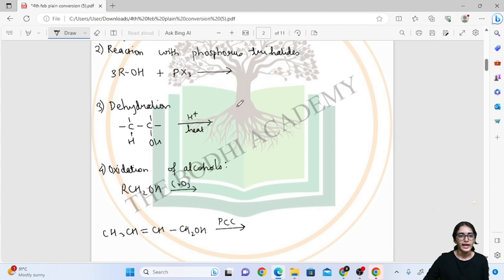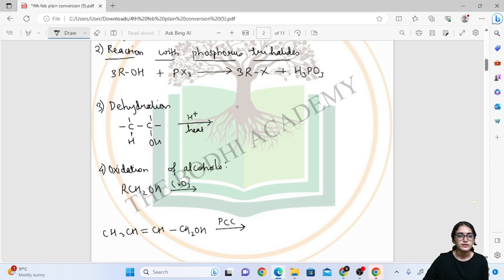Next we will see the reaction with phosphorus trihalides. When you react an alcohol with a phosphorus trihalide, that is PX3, the product that we will get here is 3RX plus H3PO3.